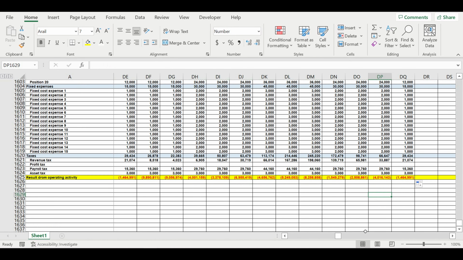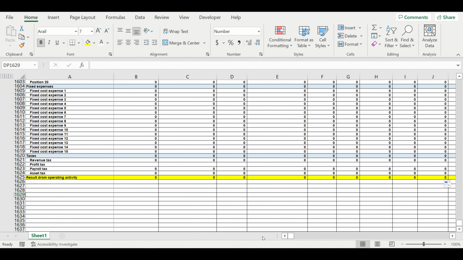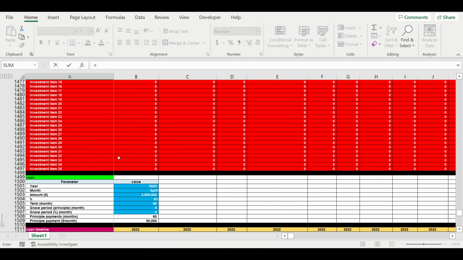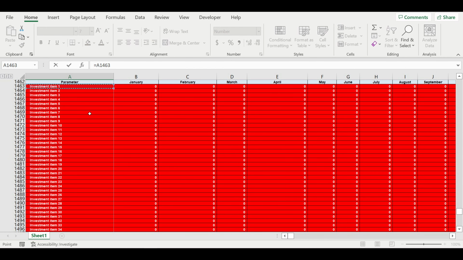Now, next story, we are moving to the investment activity. So we are moving to investment stage expenses.